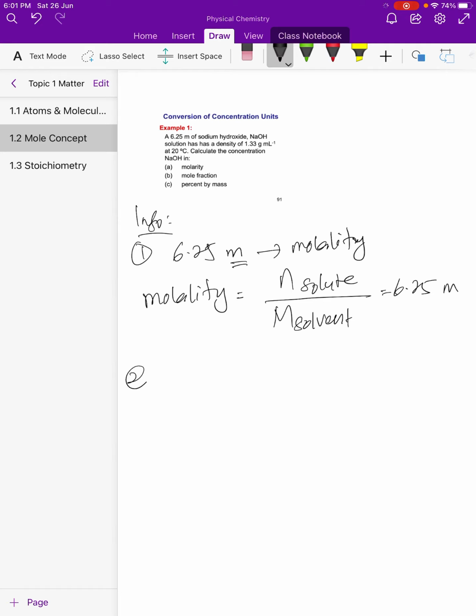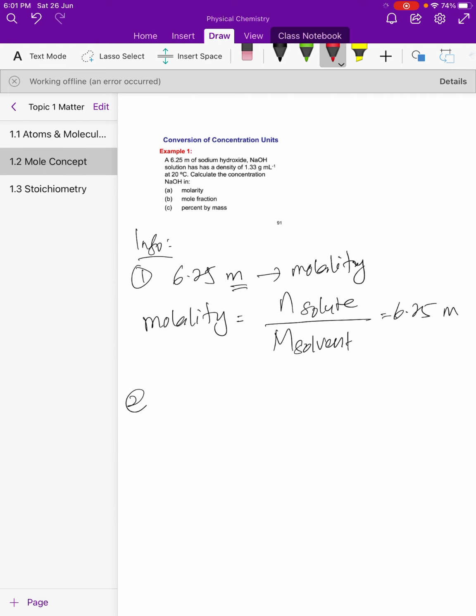The second info is the density. Okay, 6.25, density 1.33. So we go to the density. Density, I think most of you know, you have learned in secondary school.